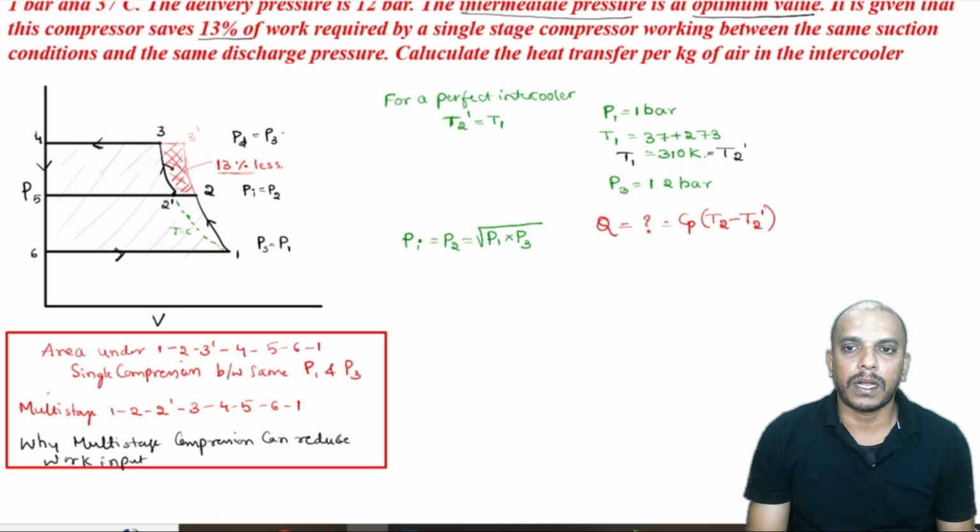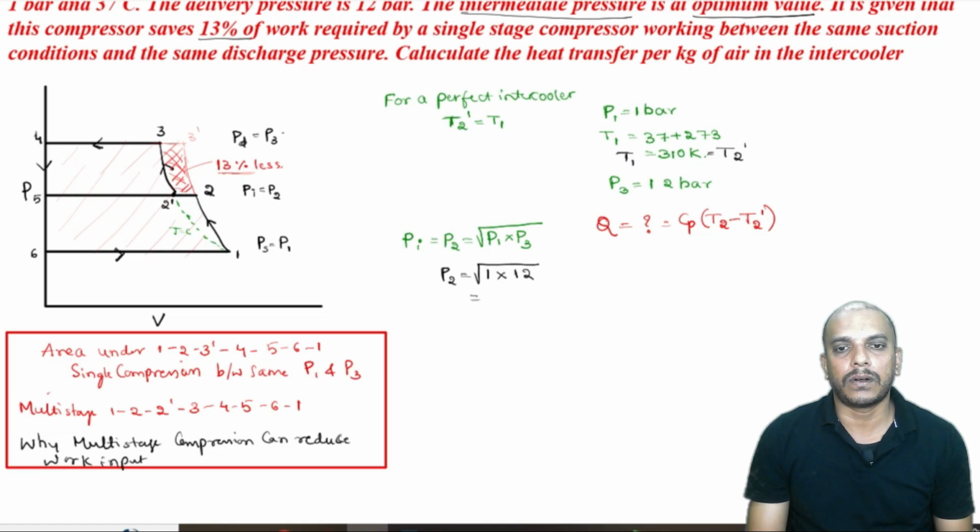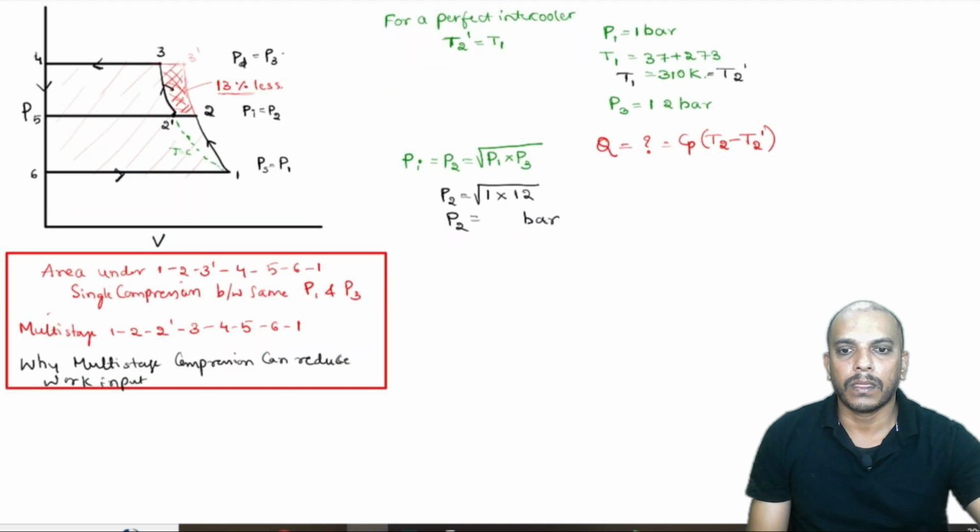Okay. Now, in order to find out T2, I think we need P2. So, let us get the value of P2. Now, P2 is equal to square root of P1 into P3, so that is, P1 is 1 and this is 12. If I substitute this in bar, it is not a problem, because there is no unit balance to worry about. We will get the answer in bar only.